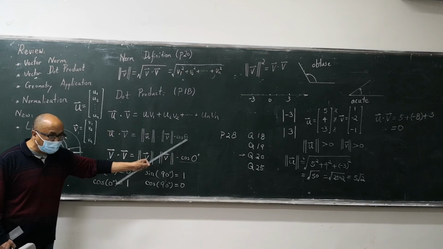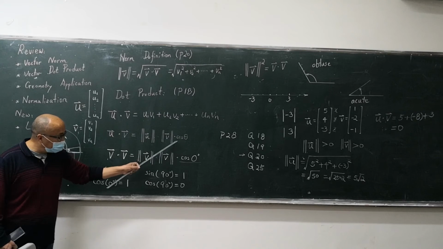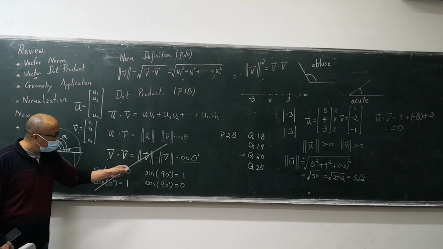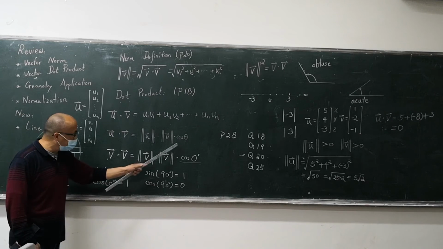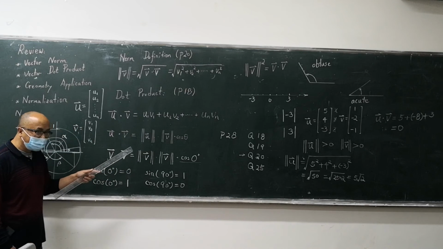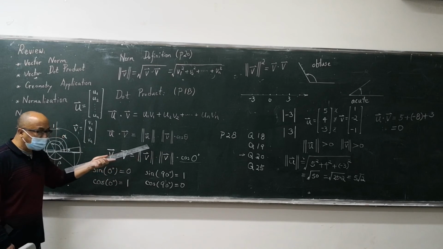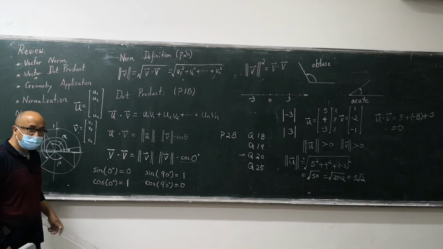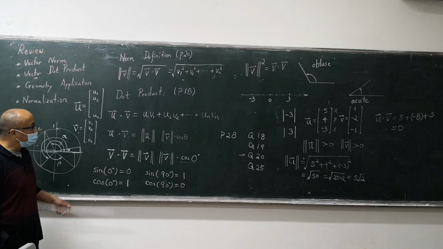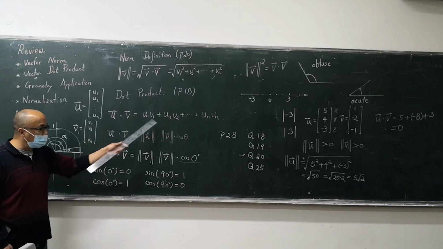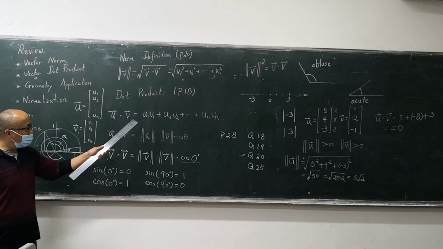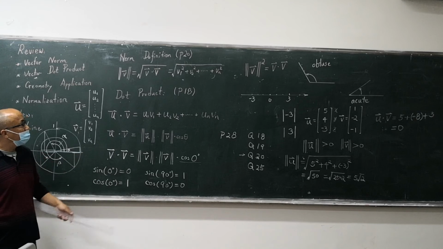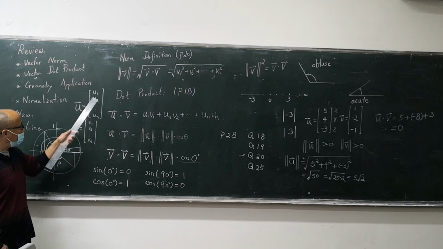If theta is greater than 90 degrees, the dot product should be negative. So you use this formula.